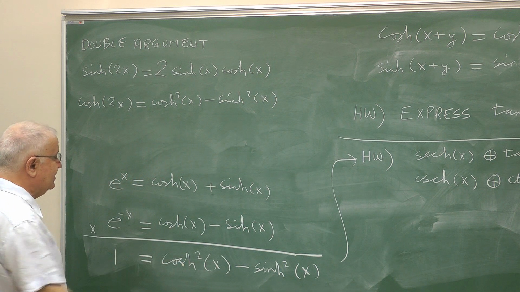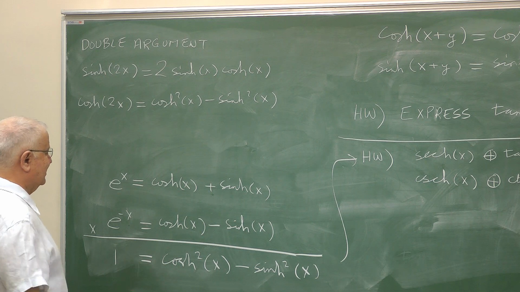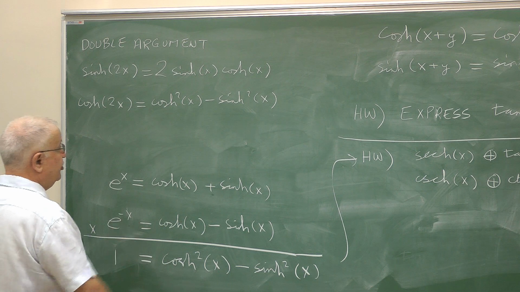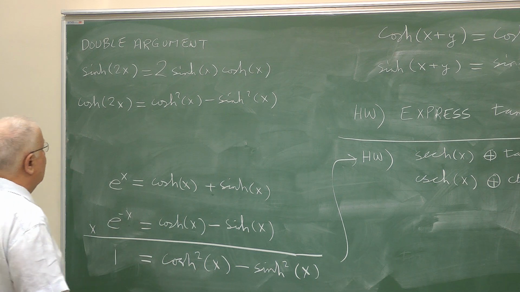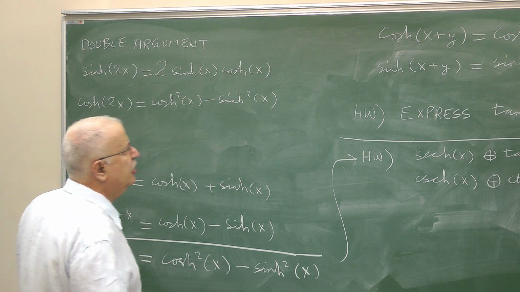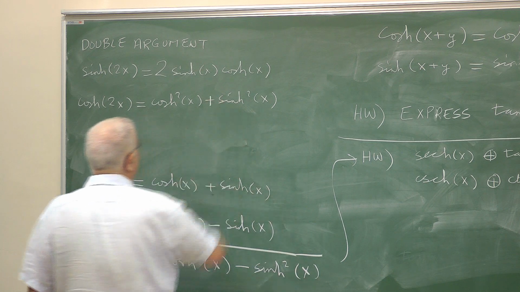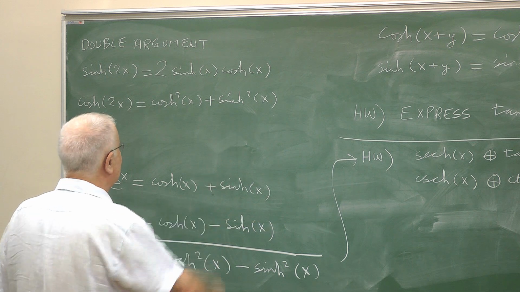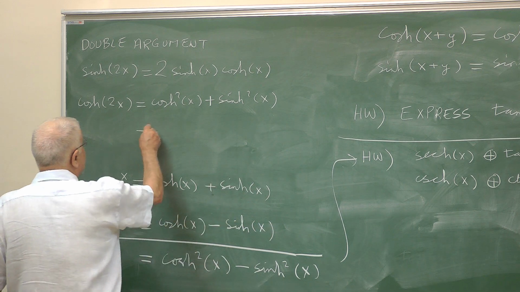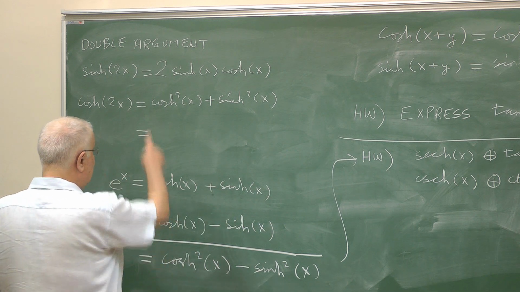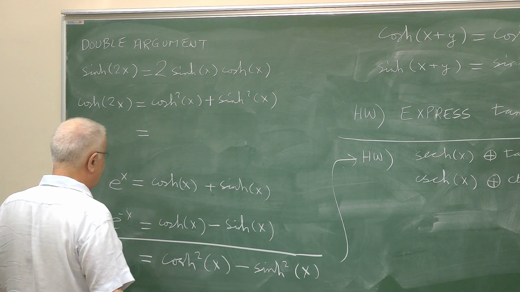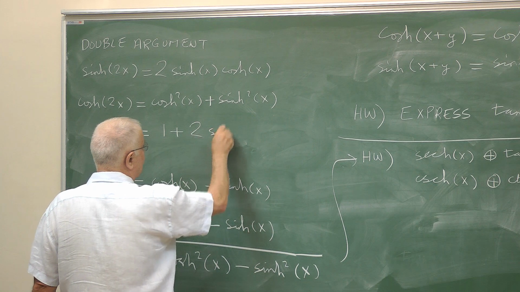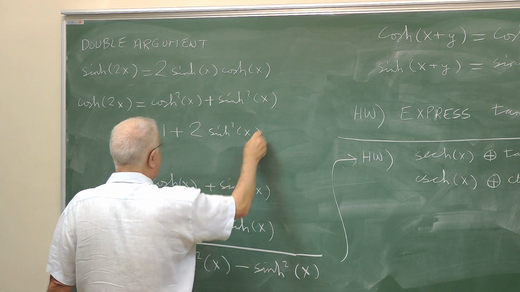But using this, we can play with this a little bit. I can eliminate cosh square: cosh square x plus sinh square x. Well, I can eliminate cosh square, which is 1 plus sinh square, so 1 plus 2 sinh square x.